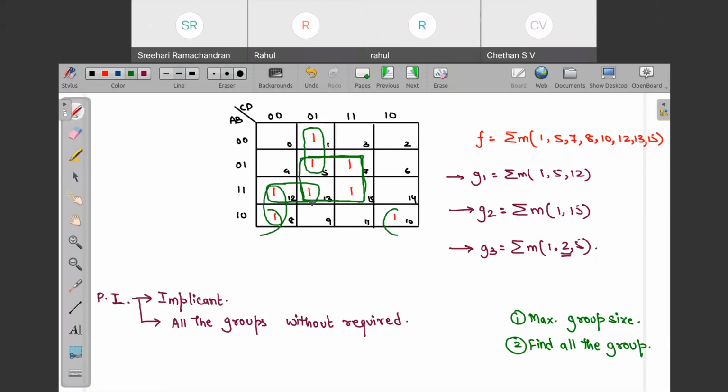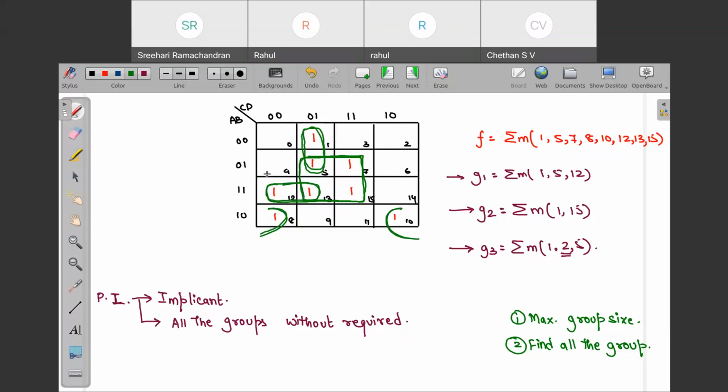See, if I want to write the minimum expression, understand what is prime implicant from here. If I wanted to write the minimized expression, I could have done it like this. None of the ones are uncovered. But what I told you, find all the groups without requirement. So this is one of the groups. This is one of the groups. This is one of the groups.